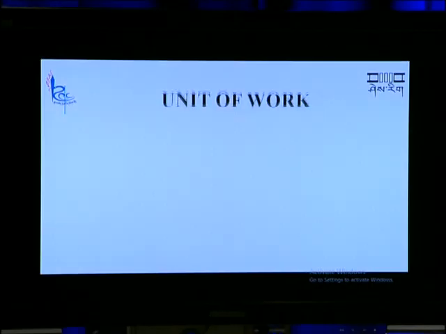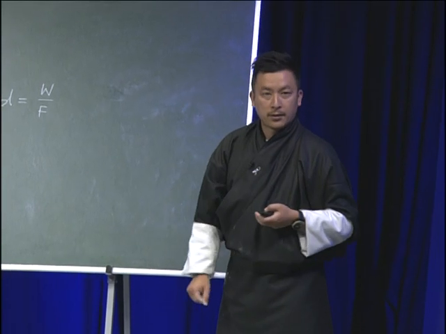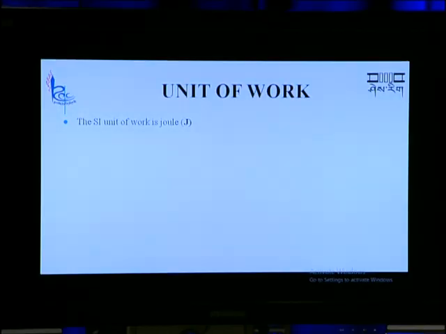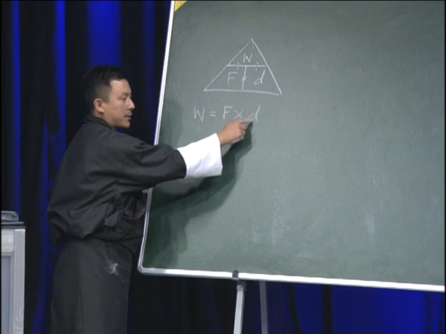Now, next we move into the units of work. When we are calculating some amount of work done, in what unit is it measured? We need to know that. The unit of work done is measured in terms of joule. So how do we get joules here? Work done is equal to force times displacement.